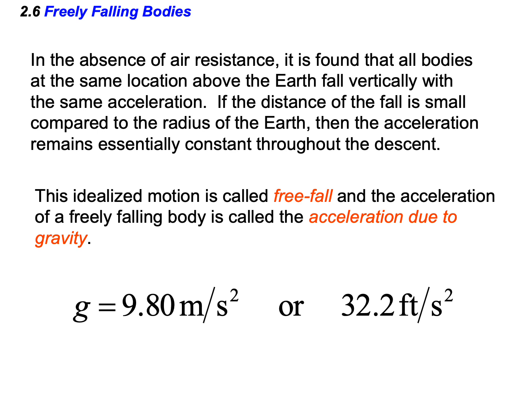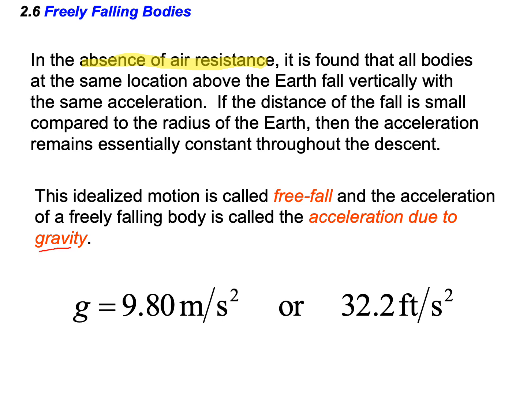So in this particular case, anything that falls onto the Earth's surface in the absence of air resistance, that's the main thing, has acceleration, and for that particular acceleration we use a special name.